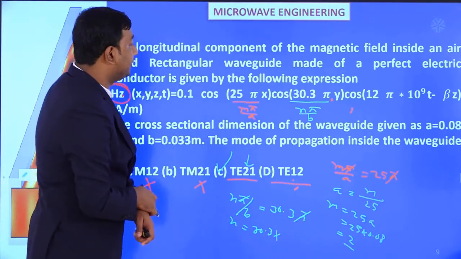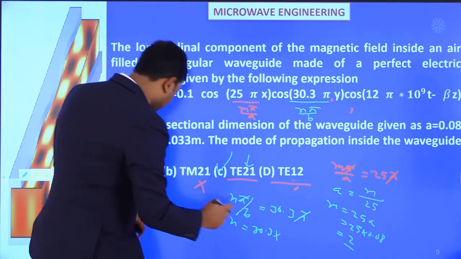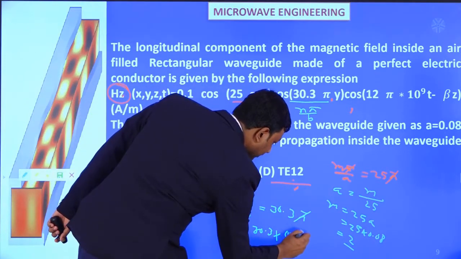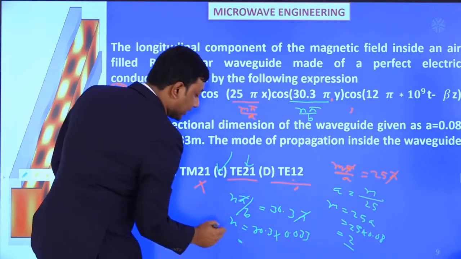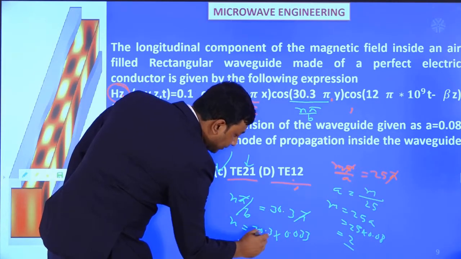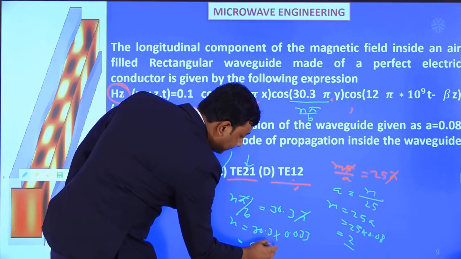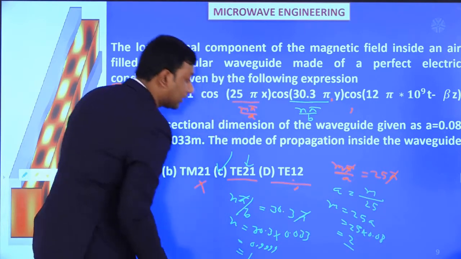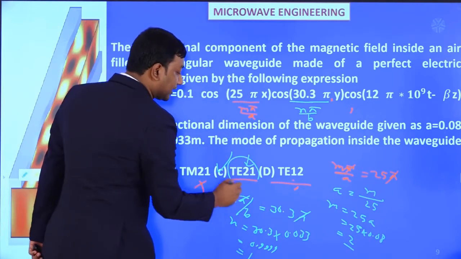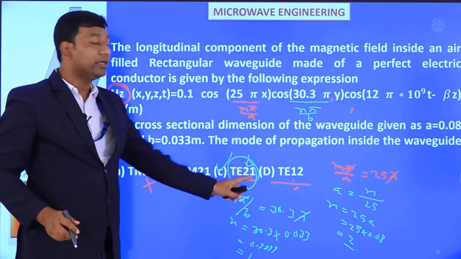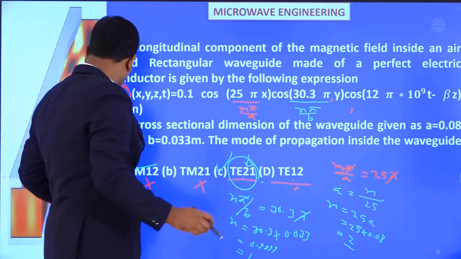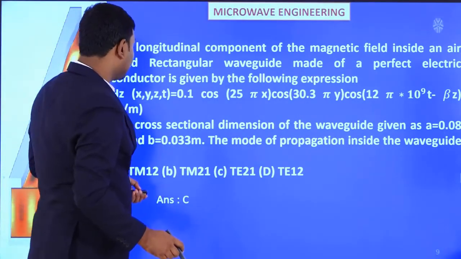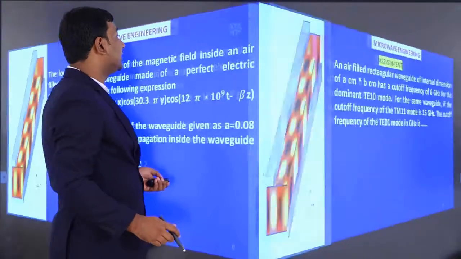B value is given, B value is 0.033 meter. So from this equation we can find out the N value is 0.9999. So the answer is 1. Okay. So the answer is transverse electric mode, M value is 2 and N value is 1. So answer is C. Now we'll see the next question.